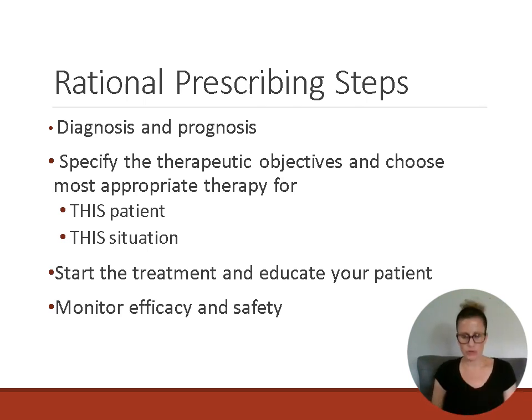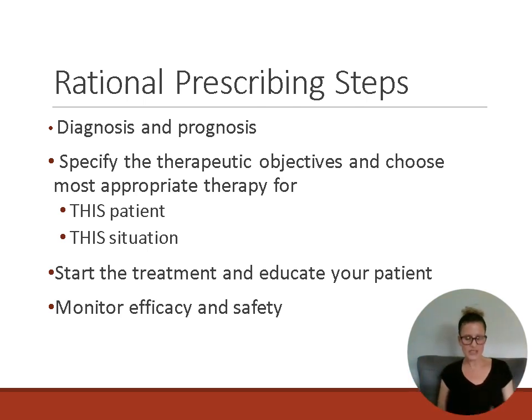Rational prescribing is a process. It's not simple. It's actually very complex. However, you're not going to sit down in your office and have these 15 steps that you check off as you go. Eventually, what's going to happen is this rational prescribing is going to become second nature. It's just what you do. A patient walks into your office and you're going to go through this whole process in order to get to the solution of how you treat them.